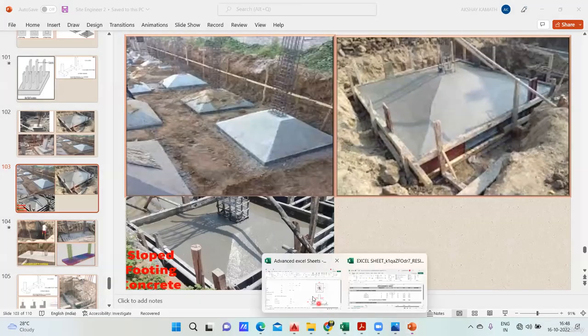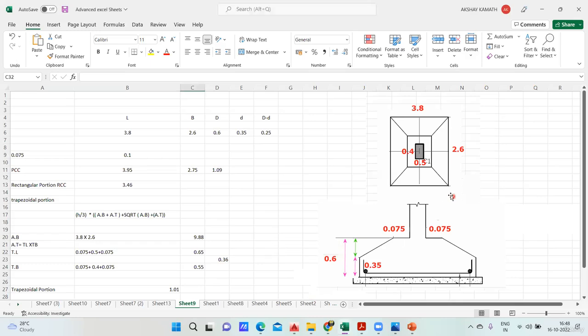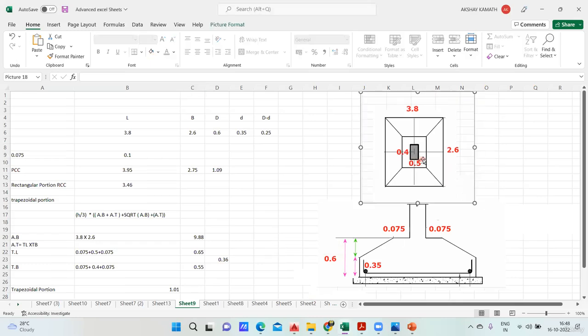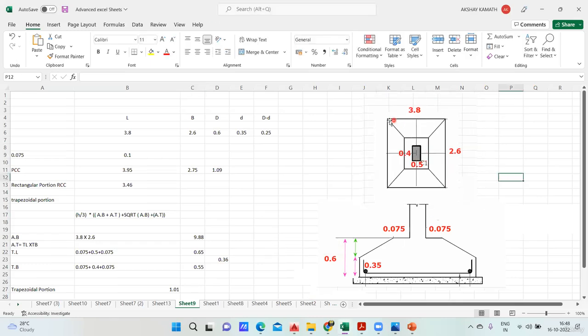For that, I'll take you to the Excel sheet that I have created already. See, this is a typical section that you have. So this is a plan of your footing where the length of your footing is 3.8 meter and the breadth of your footing, this should have been this side. It's okay, not an issue, because this should have been the length and this should have been the breadth. Now I'll fix it so that there is no confusion.